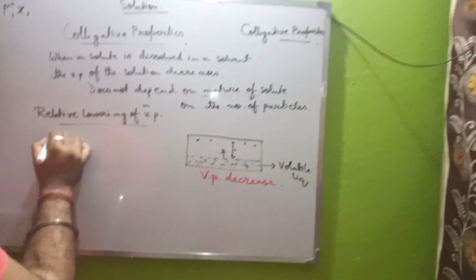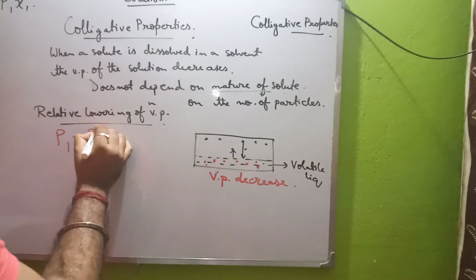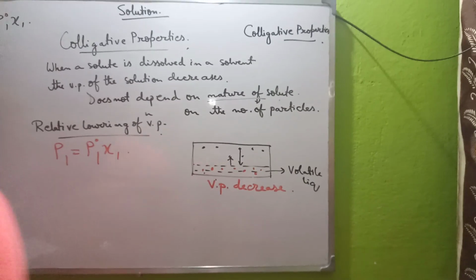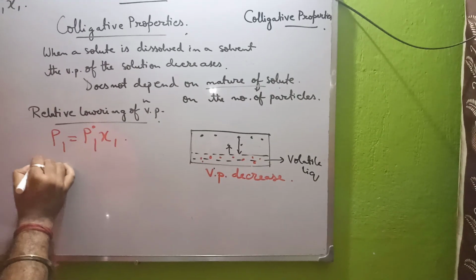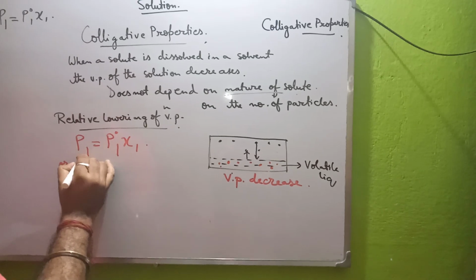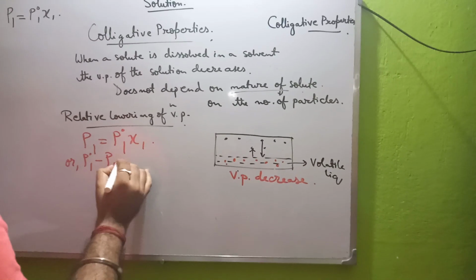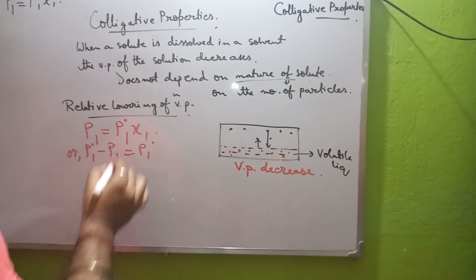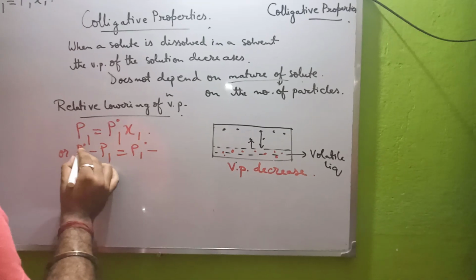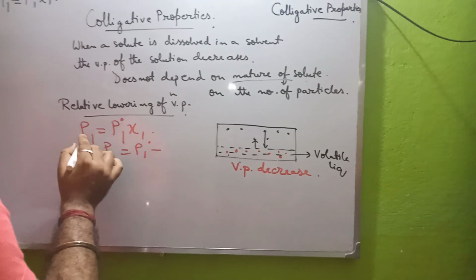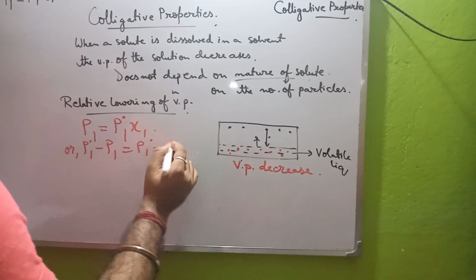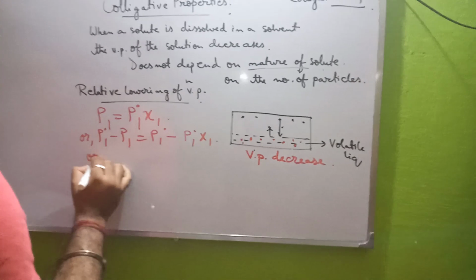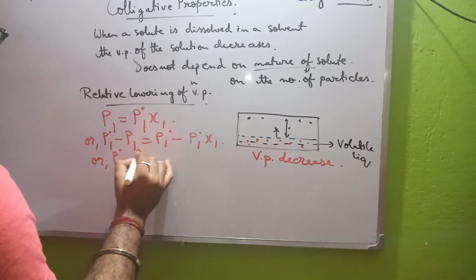Now, as we have seen in Raoult's law, P1 is P1° x1. So as I said that the vapor pressure will decrease, what can I write? I can write that P1°, the pure vapor pressure, minus P1, the partial vapor pressure, equals P1° minus P1°x1, since in place of P1 I can write P1° into x1.